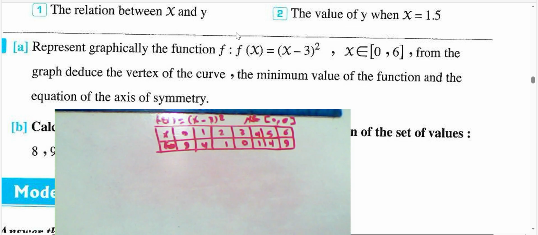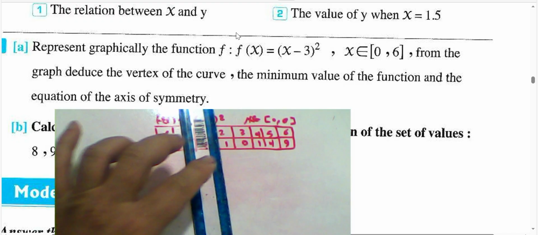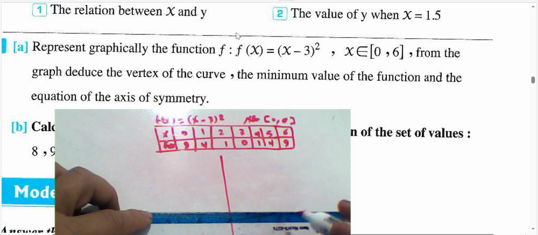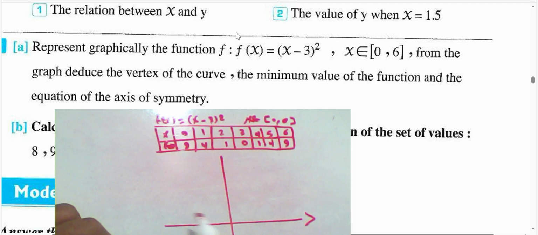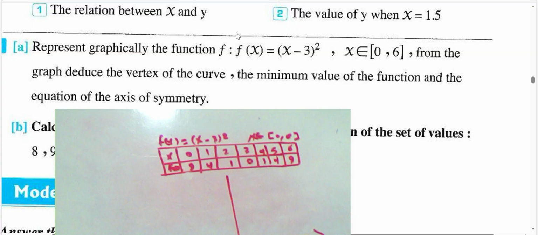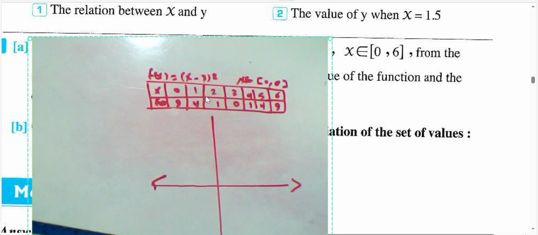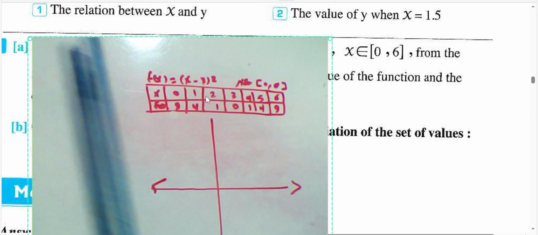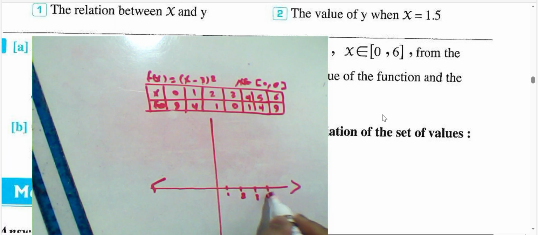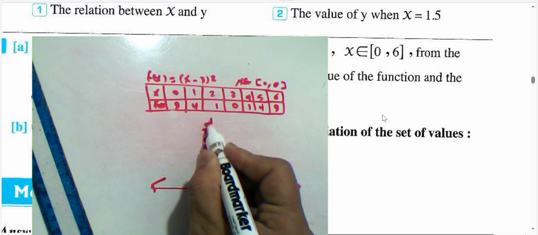Next step, you can draw the graph: x-axis and y-axis. Draw the vertical and horizontal like this. And next step, write the elements 1, 2, 3, 4, and 1, 2, 3, 4, 5, 6, 7, 8, and 9.